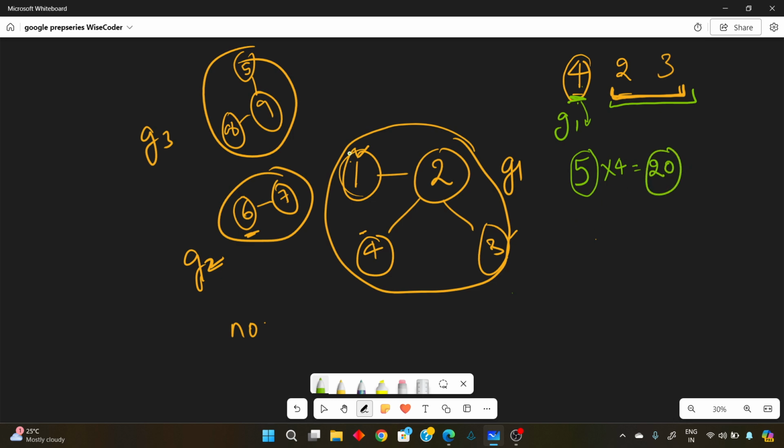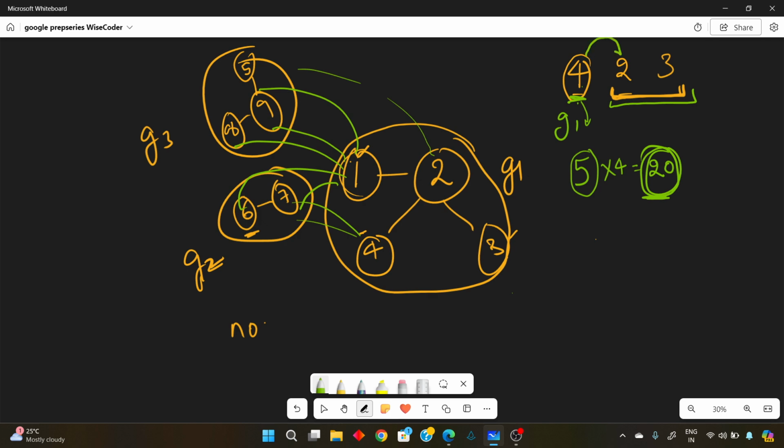Which 20 pairs? 1 5, 1 9, 1 8, 1 6, 1 7. 5 options are there for 1. Likewise, 5 options are there for 2, for 4, and for 3 also. So 5 into 4 is 20 pairs you can form.